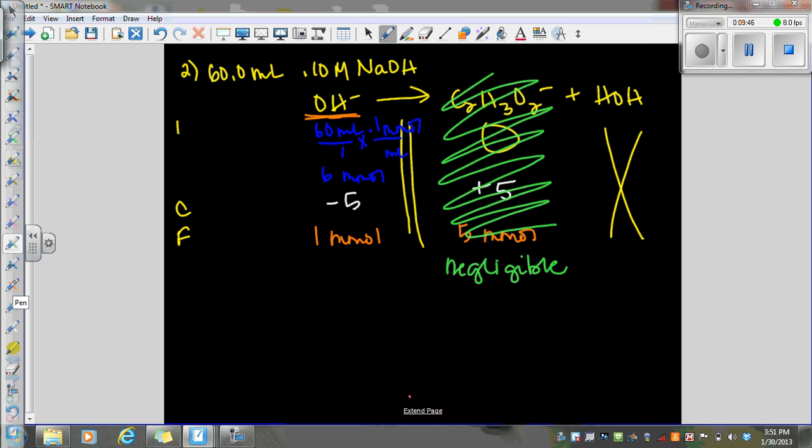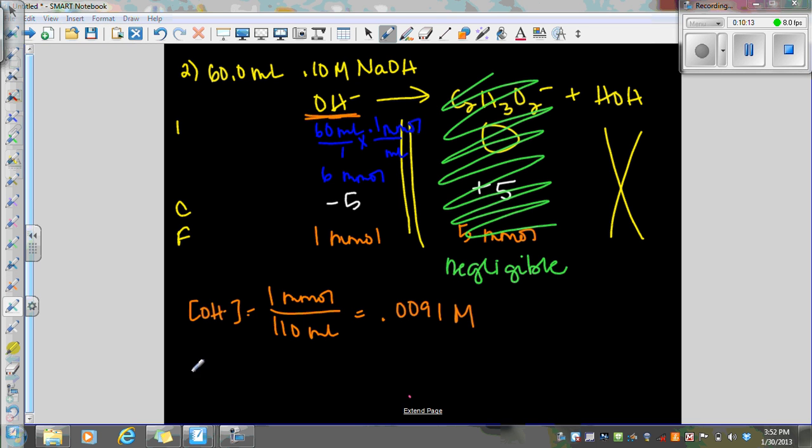So what we need here is the hydroxide ion concentration. Well, we know we have 1 millimole, and we need to divide by our total volume, which was 50 plus 60, 110 milliliters. So 1 divided by 110 gives us 0.0091 molar.